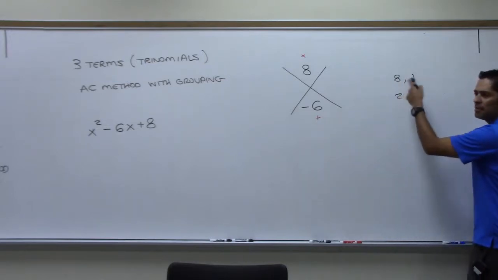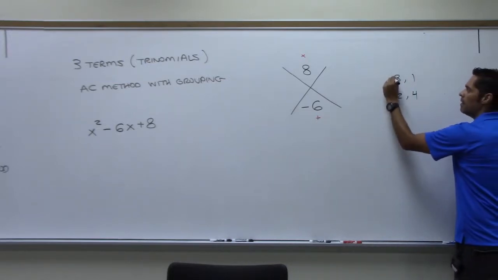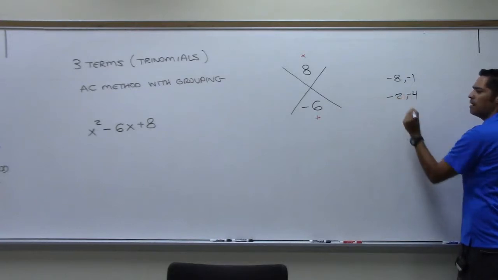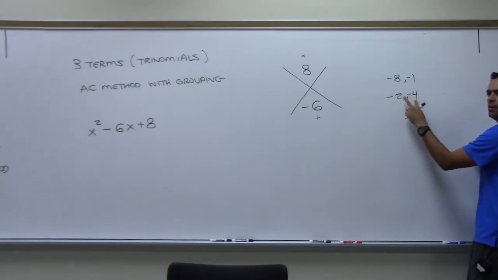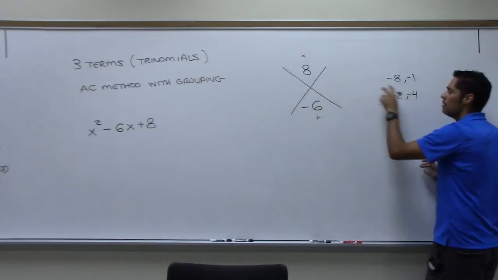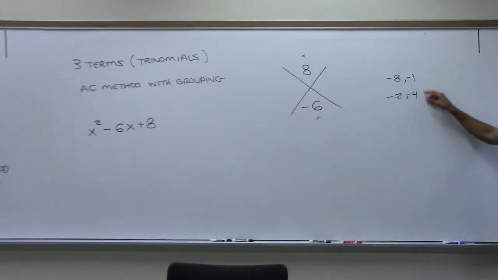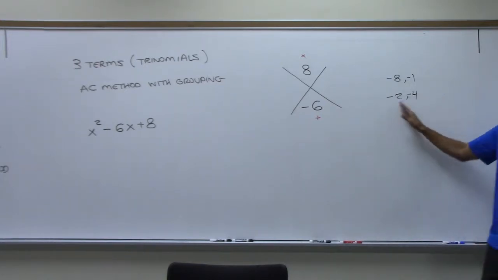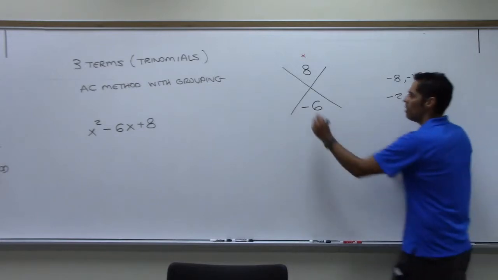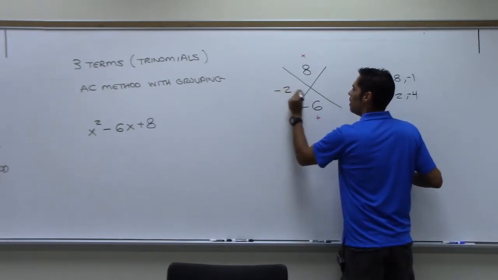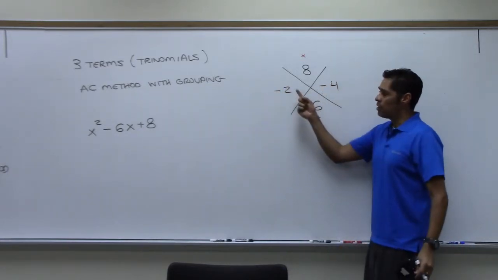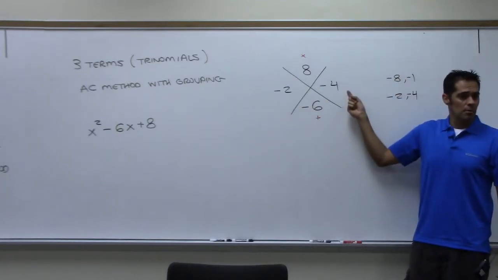That means they both have to be negative, like negative 8, negative 1, negative 2, negative 4, right? Because two negatives multiply to be a positive. So which of these would add to be negative 6? Negative 2, negative 4, right? So I'm going to put here negative 2 and negative 4. And it doesn't matter, you could put negative 4 or negative 2.